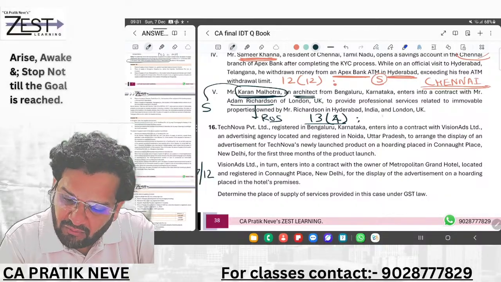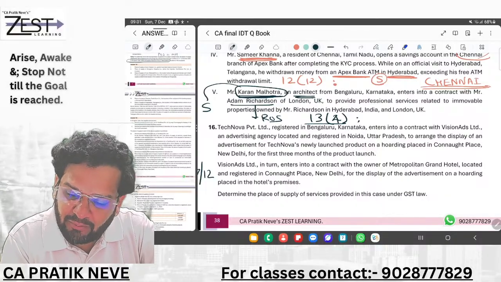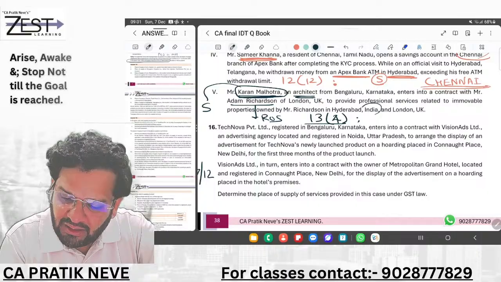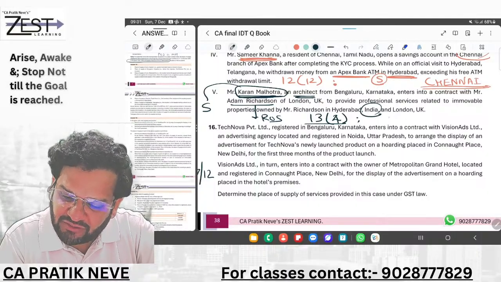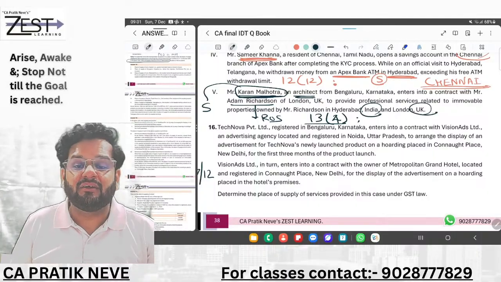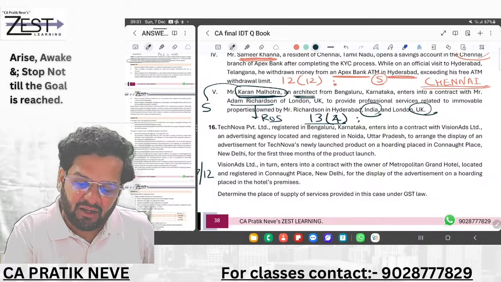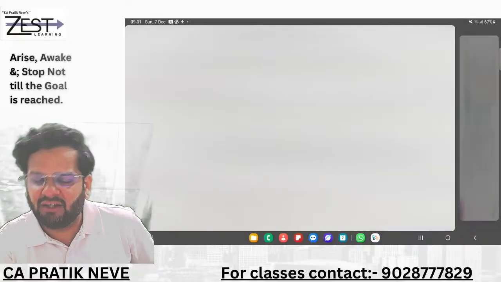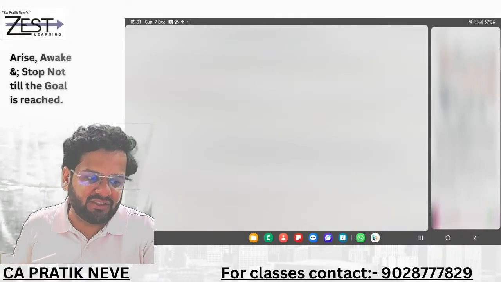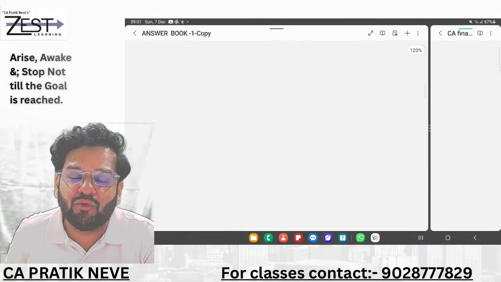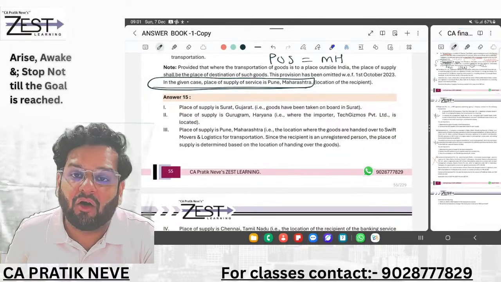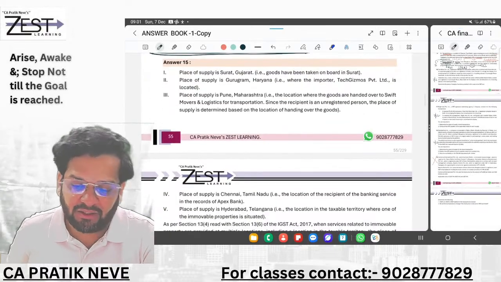For the property which is in India, it will be India, and for the property which is in UK, it will be UK, because in such cases it is where the immovable property is located or intended to be located.